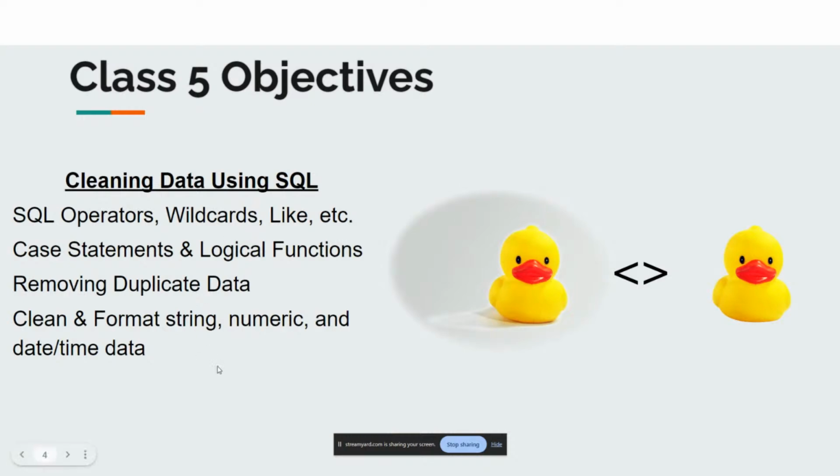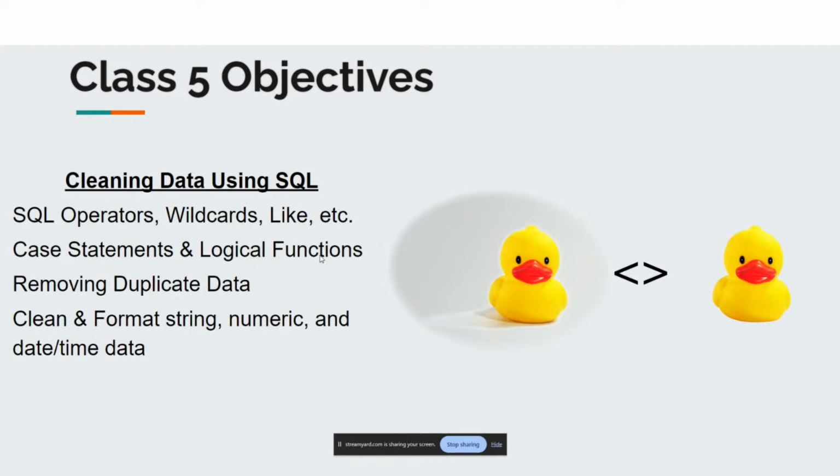All right. Class 5 objectives, covered this a little bit, but SQL operators, wildcards, like functions, really looking for substrings within longer character strings. Case statements and logical functions. We know a little bit about case statements. We're really going to use those to our advantage today.